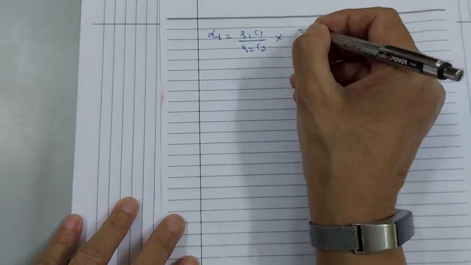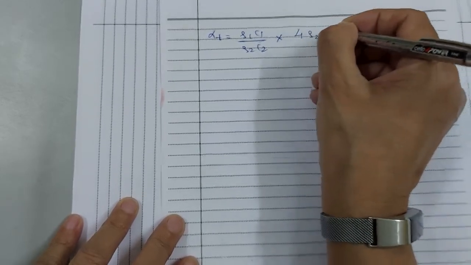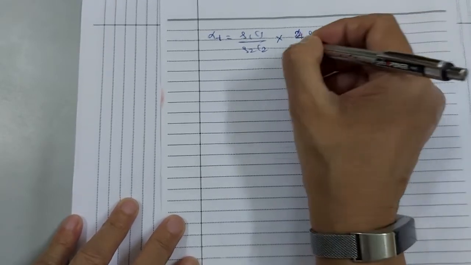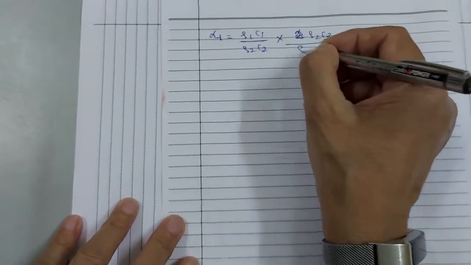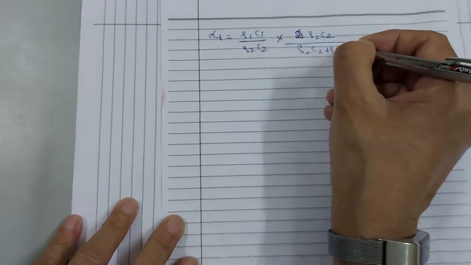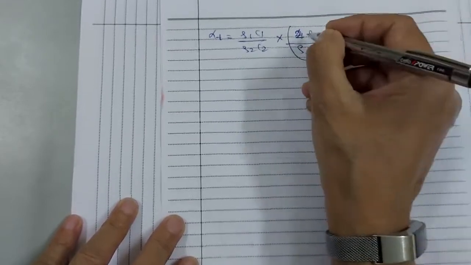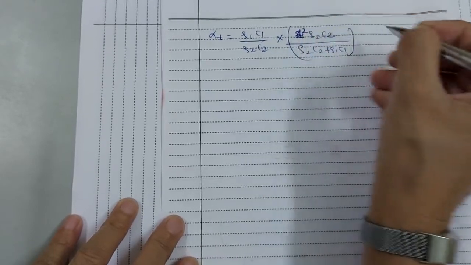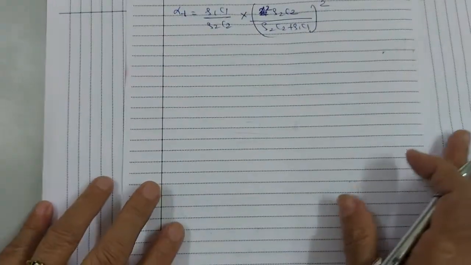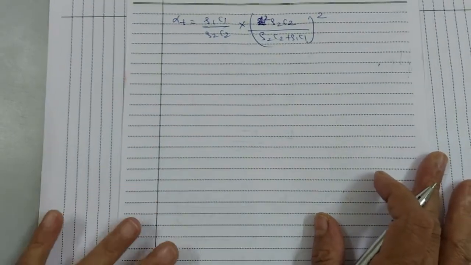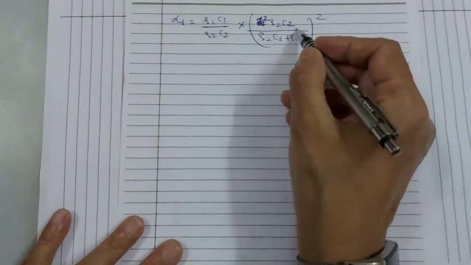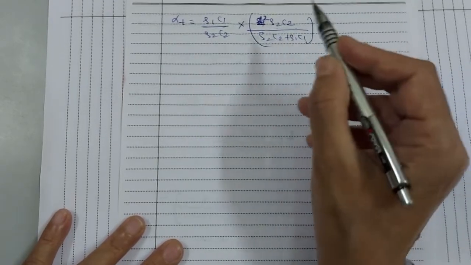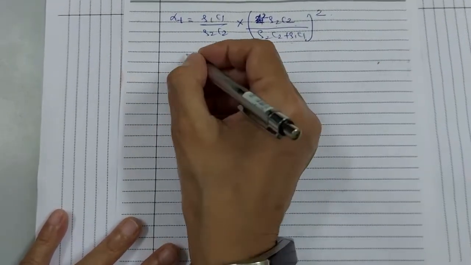That should be twice rho 2 C2 divided by rho 2 C2 plus rho 1 C1, all bracket square. Understood? This is A2 by A1 bracket square, twice rho 2 C2 divided by rho 2 C2 plus rho 1 C1 bracket square. Okay, if you simplify this, what will I get?